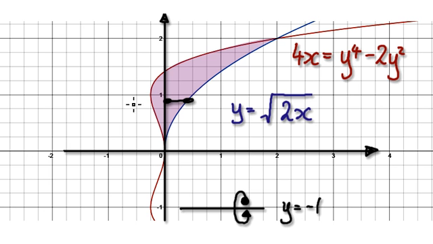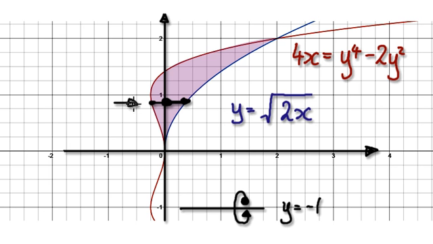We now need to know this whole length here. Don't forget you're integrating, you're moving along the y-axis. So let's just look at this one particular y value here. We need to know the length from here to here.